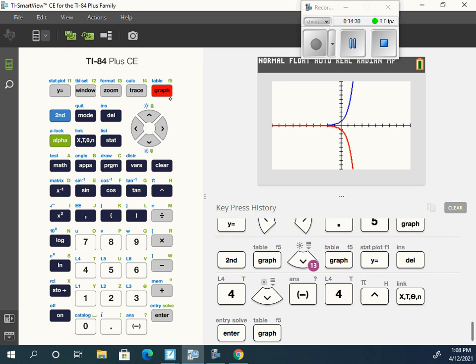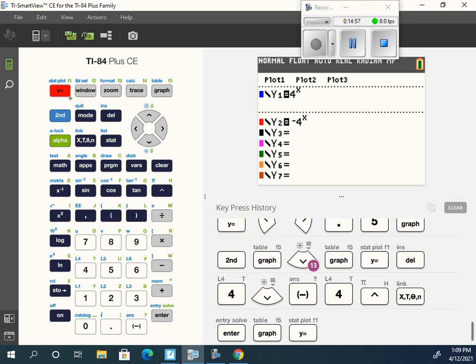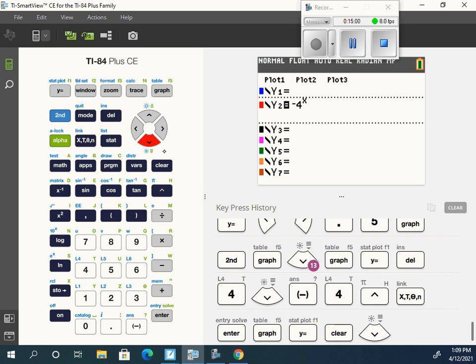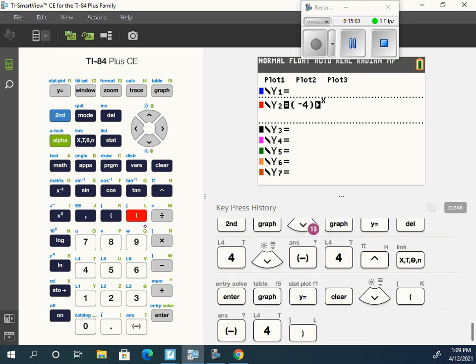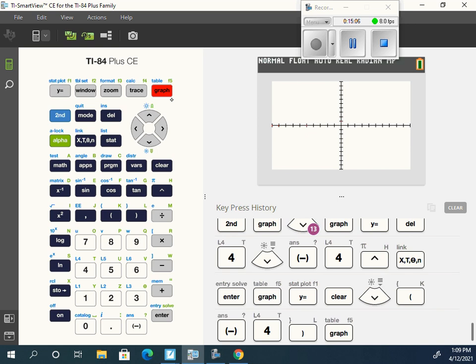Because if I'm remembering this correctly, it's just reflected across the x-axis, because as x is increasing, it's increasing more in the negative direction. Because really we look at it as the absolute value, because we actually can't have a negative inside the radical. If I try to graph -4 to the x, it won't graph it, but it will tell me what the values are.